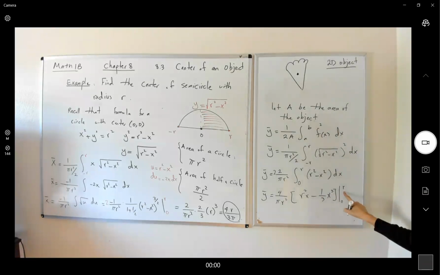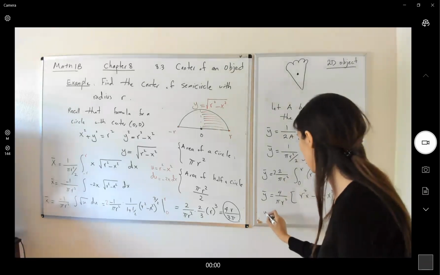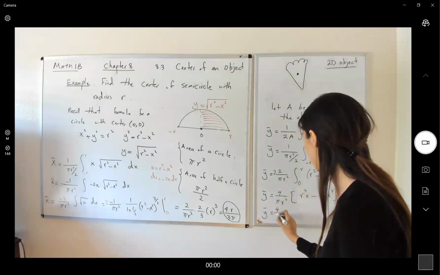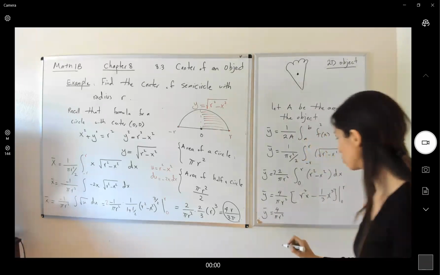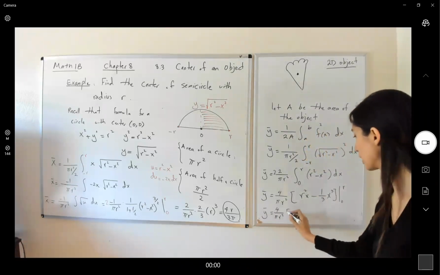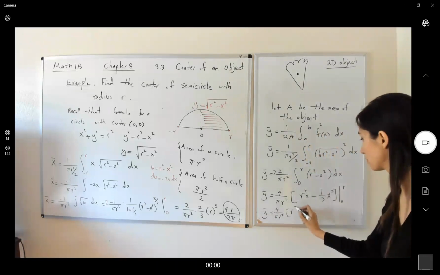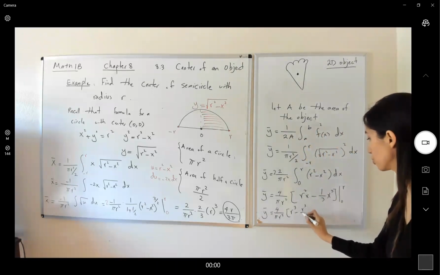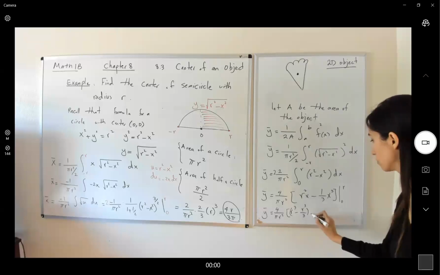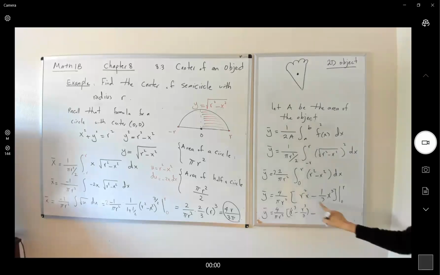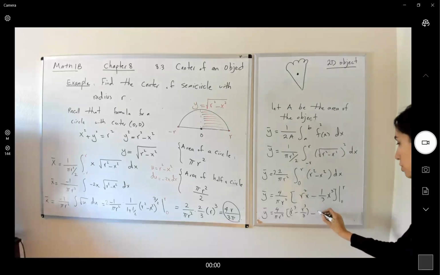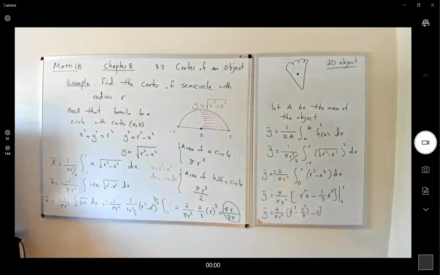So if you plug in r here, you get y bar equals 4 over pi r squared times r cubed minus r cubed over 3, minus, if you plug in 0, both of these are 0, so minus 0.